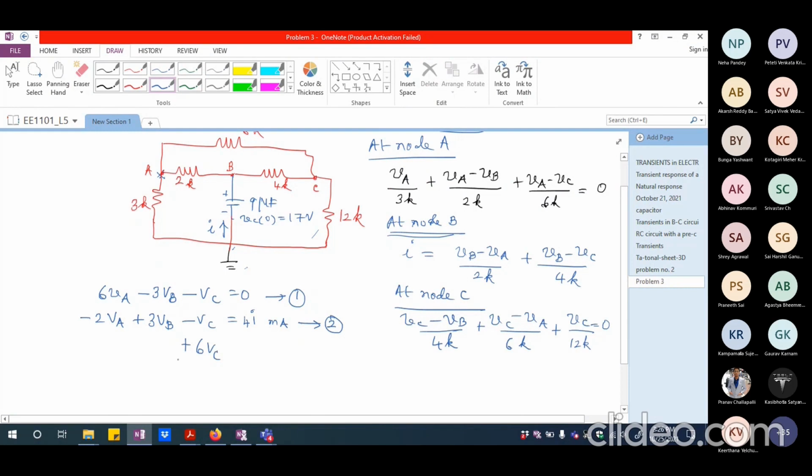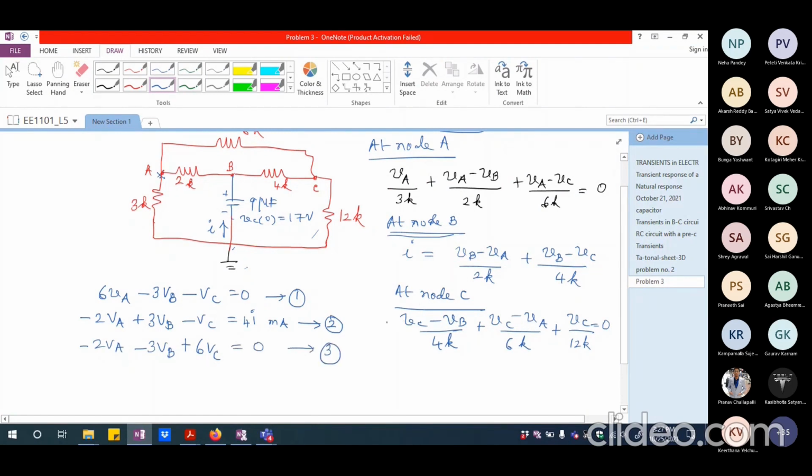That is the only thing. So this is going to be minus 3 VB. VC we have already done. VA is 2 VA, so minus 2 VA, equal to 0. This is equation number 3.